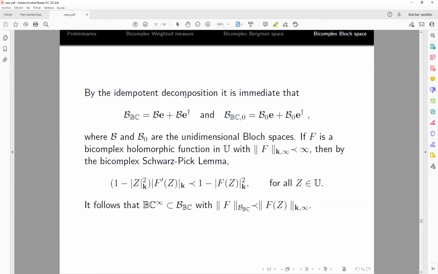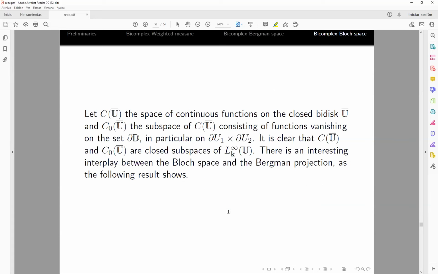By the bicomplex Schwarz-Pick lemma, we get also this estimation. And we can see then that every bicomplex bounded function belongs to the Bloch space.